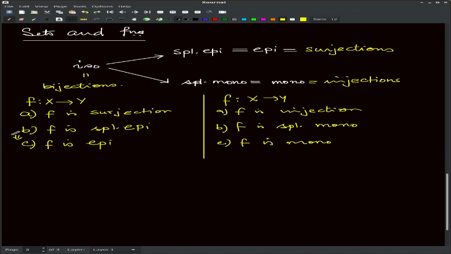So they are all the same in the case of sets. And this one is one of the most contentious ones. This is in fact equivalent to something called the axiom of choice.